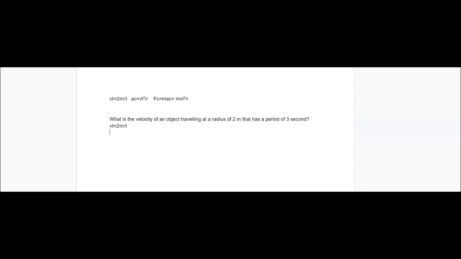So the first one is, what is the tangential velocity of an object traveling at a radius of 2 meters that has a period of 3 seconds?